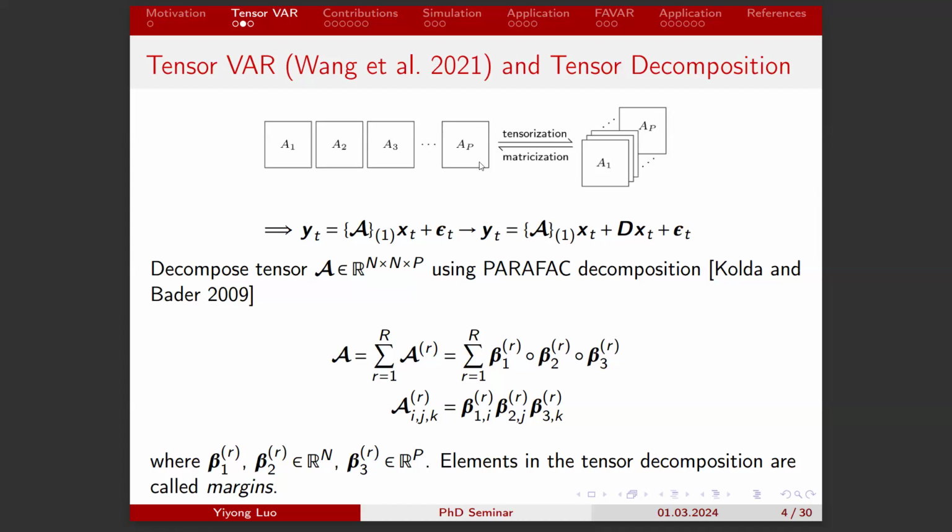You can do the other way around to turn the 3D structure back into your coefficient matrix. This is tensorization and matricization. After writing your coefficient matrix as a tensor, it is denoted as curly A. Then you can write your mathematical expression like this, where bracket 1 means the matricization.